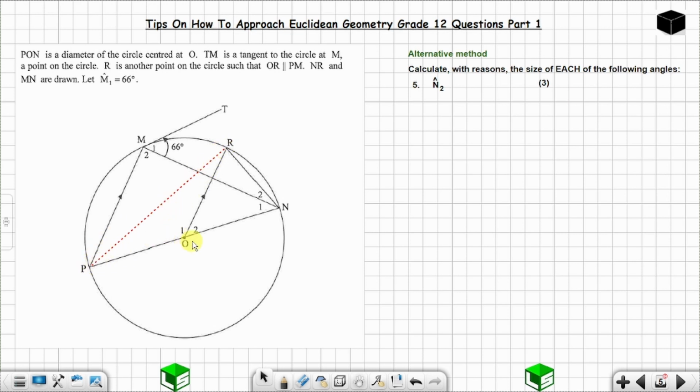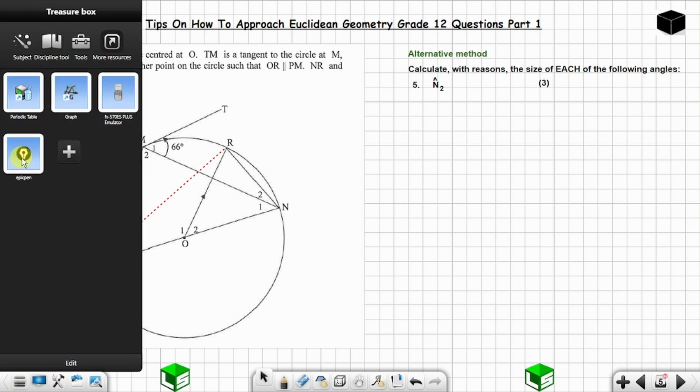Now, you have this angle at the center, which is subtended by this chord. Let me use a highlighter so that you understand what I'm talking about.